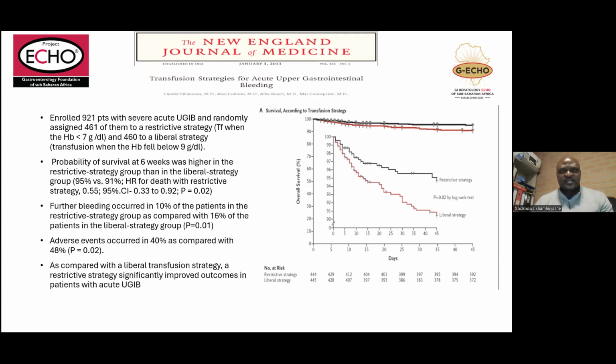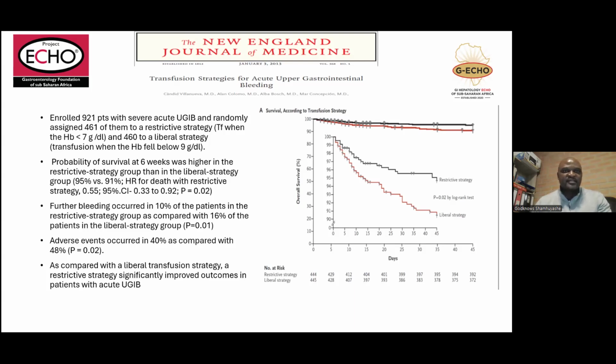So in terms of transfusion strategies, the restrictive strategy was found to be more effective as compared to liberal transfusion, according to this study where they enrolled 921 patients who had severe upper GI bleeding.